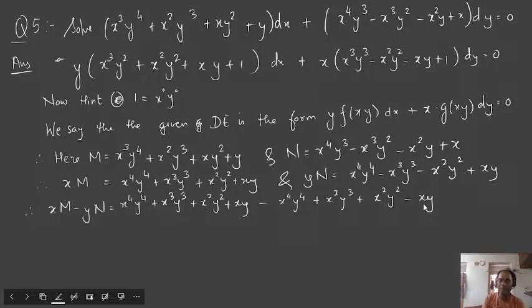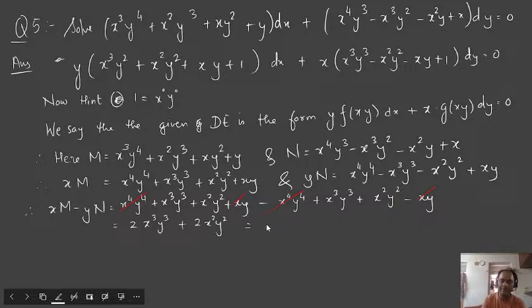What remained and what is left, we have to check. So what goes away is x raised to 4 y raised to 4, then next the xy goes away. Okay, so what is remaining with us here is basically 2 times x cube y cube plus 2 times x square y square.